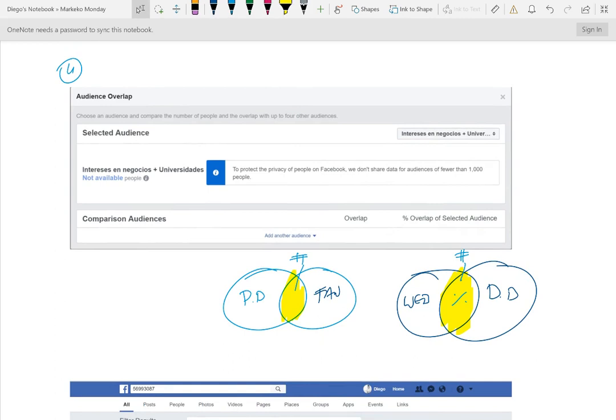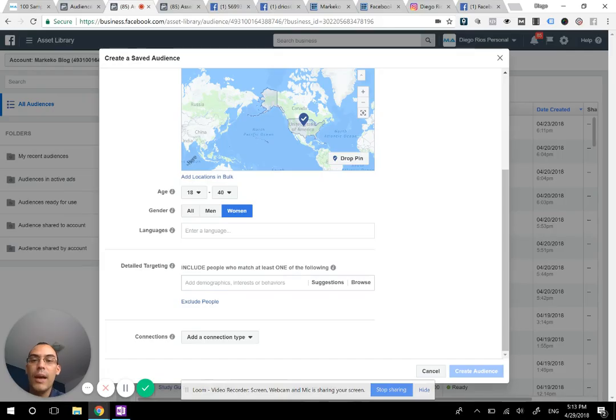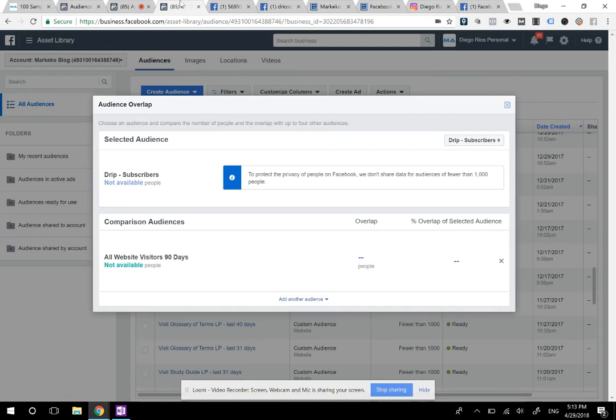The only thing that Facebook allows you to do is certain custom audiences and also core or saved audience. But now with databases, not allowed. And this is a big thing because before we used to be able to upload a bunch of different databases, analyze them, see their overlap, and see if we're targeting the same segment or market.